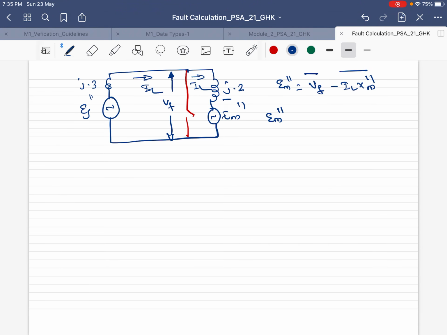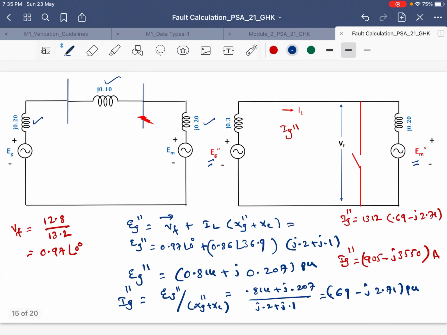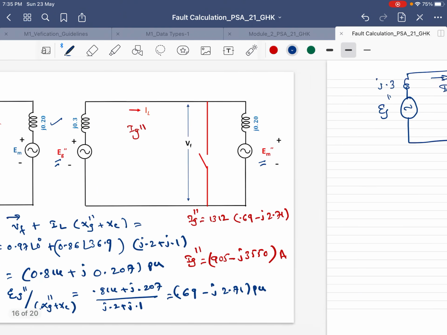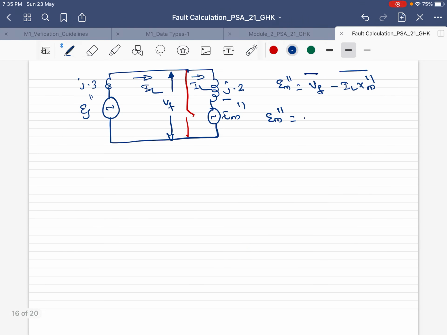Therefore, I will write EM double dash is equal to the VF already calculated here, that is 0.97 at an angle of 0, taken as a reference. And we also calculated the load current, it is 0.86 at an angle of 36.9. XM double dash is j0.2.